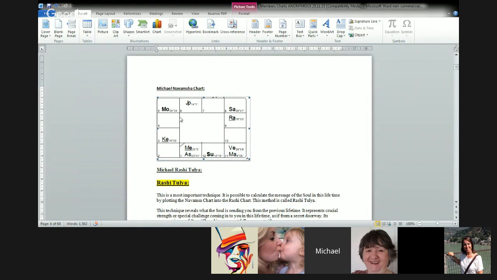So I've mentioned Navamsha, Vargotama within the Navamsha. Let's look at the Navamsha ascendant. Well, mine is Scorpio. Remember the Navamsha is the chart of marriage and the soul.